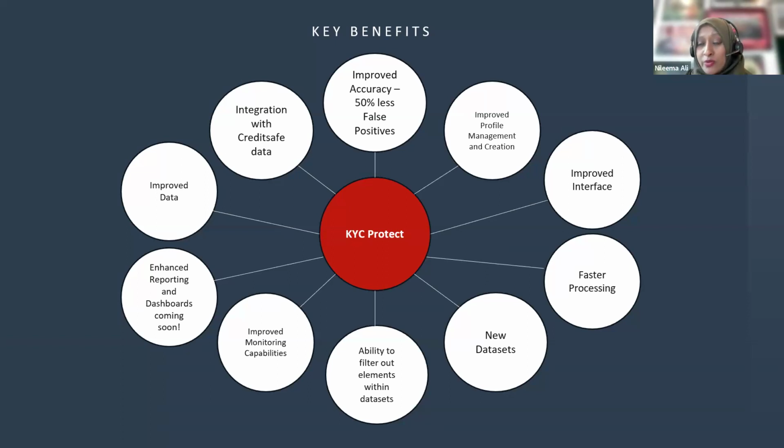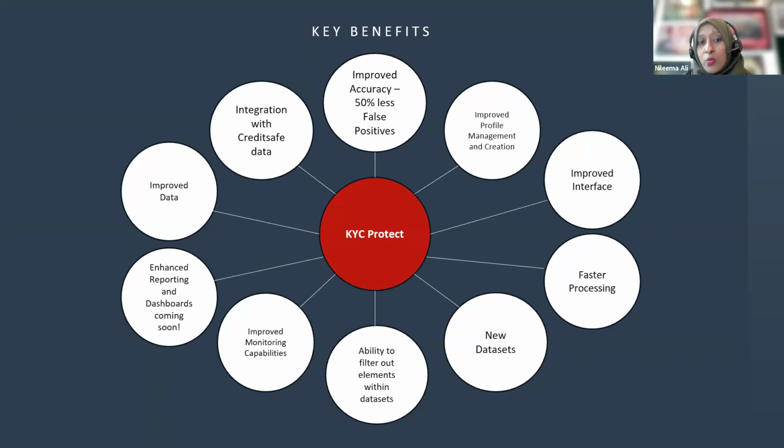Faster processing. So we've improved the processing and the optimization workflows behind the process as well. New data sets as well within the product, the ability to filter out elements within those data sets to reduce, again, more false positives and things that are not applicable to your business. We have improved the monitoring capabilities as well by introducing KYC monitoring, so business change monitoring.